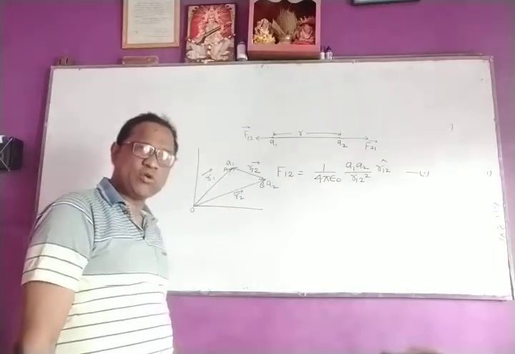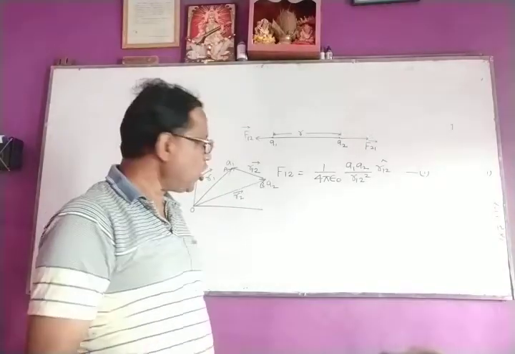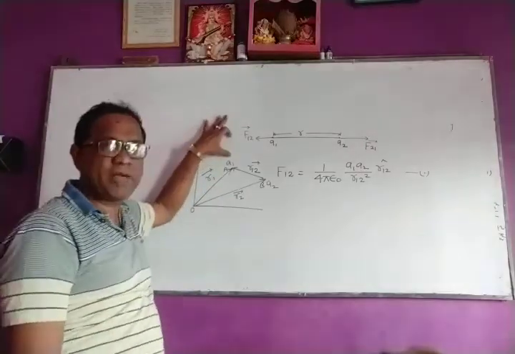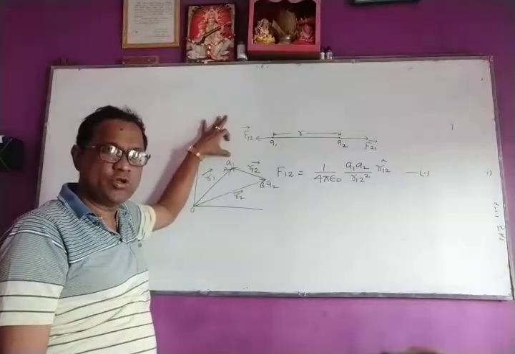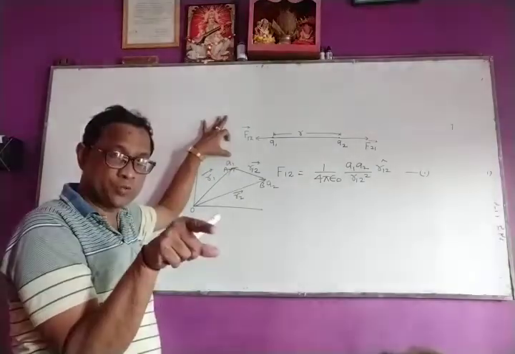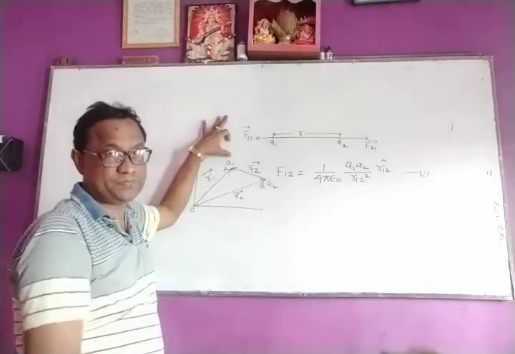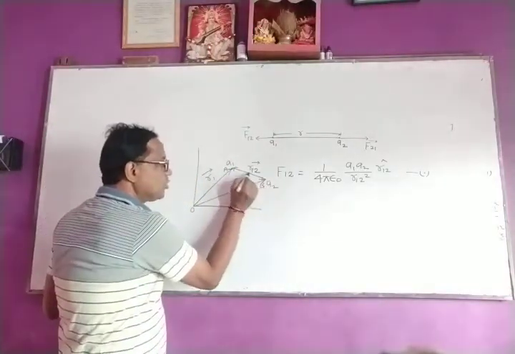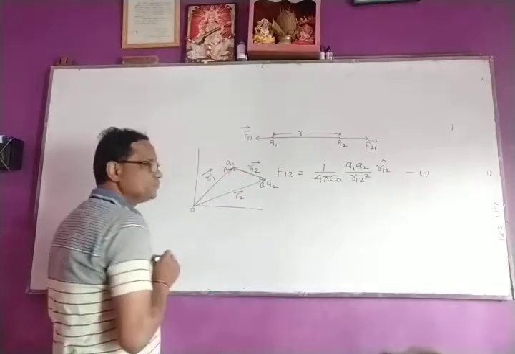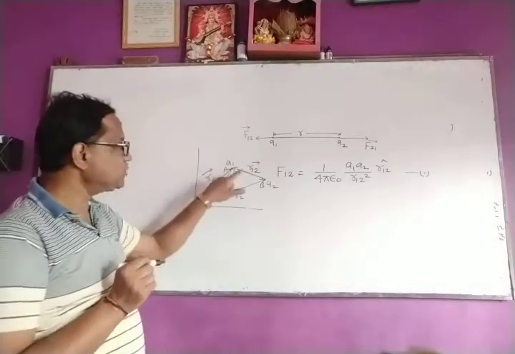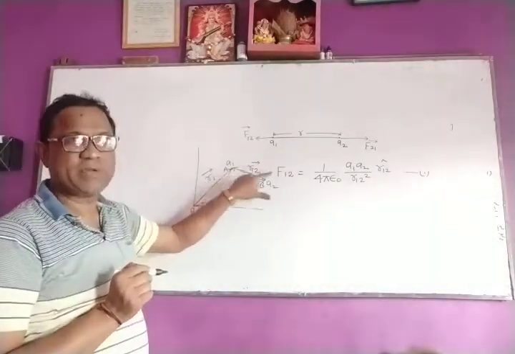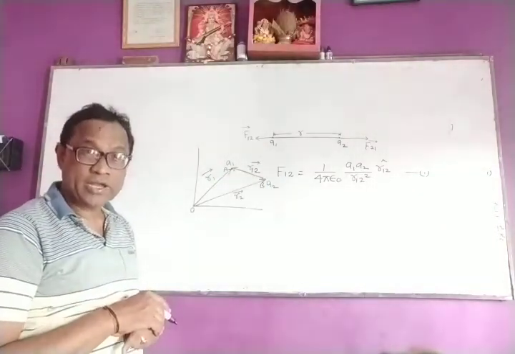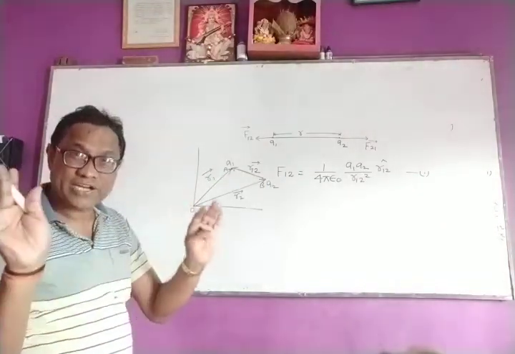And we have to calculate the position of Q1 with respect to Q2. So we go from Q2 to Q1. Q2 to Q1 means position of Q1 with respect to Q2. Applying triangle rule of vector addition.